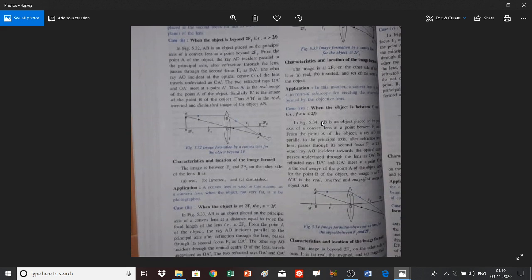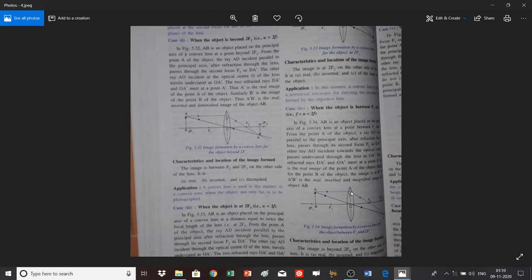So now come to the next one, when the object is between f1 and 2f, that is, when the object is placed at a distance in between f and 2f. That means the distance of the object will be greater than the focal length but smaller than twice the focal length.